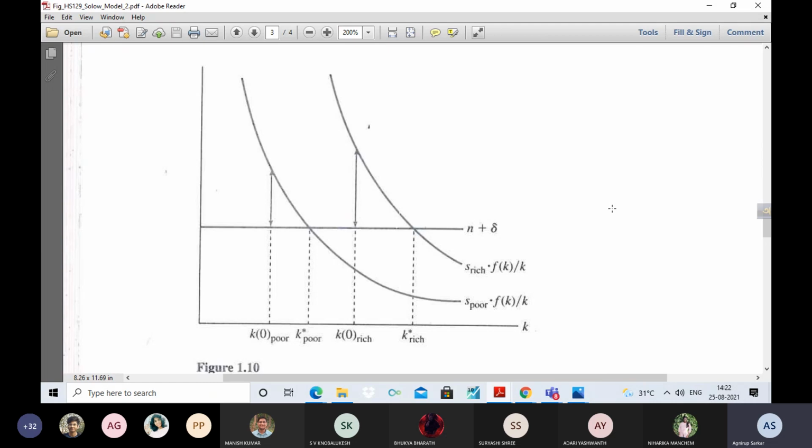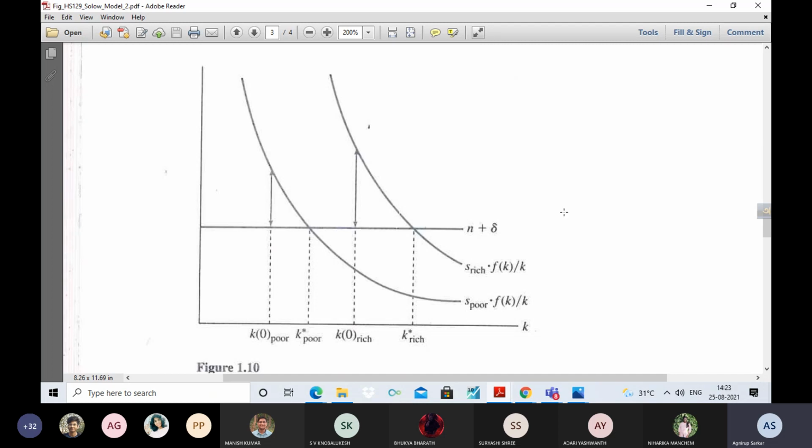Firstly, they have different initial stocks of capital per person, so K0 poor is less than K0 rich, okay? And secondly, they have different saving rates. So s poor, the saving rate or saving propensity for the poorer nation, is not equal to s rich, right?